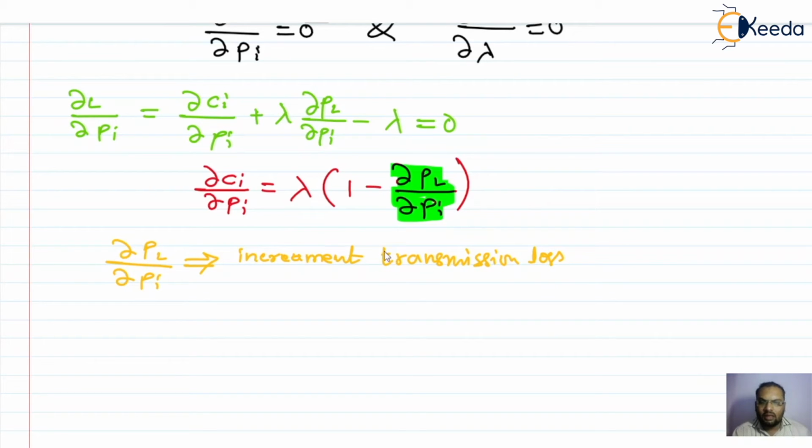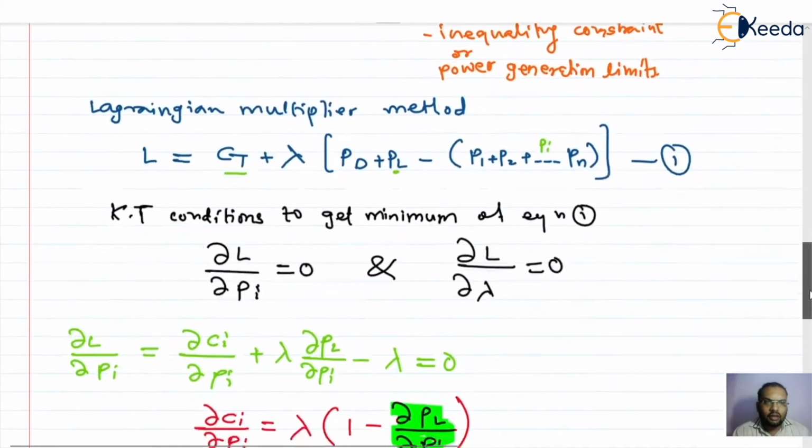So what is the meaning here? If I am going to increase the output of the generator, definitely the loss on the transmission line will increase. By what rate it is going to increase, we can understand from this fraction. Now let us call this equation number 2, since we have already taken equation 1.